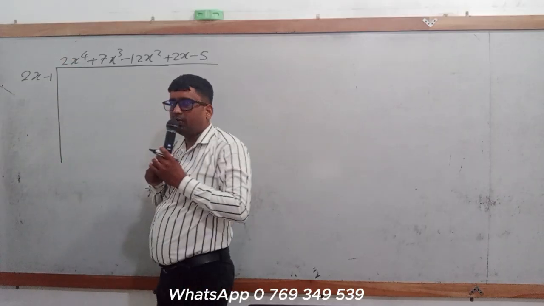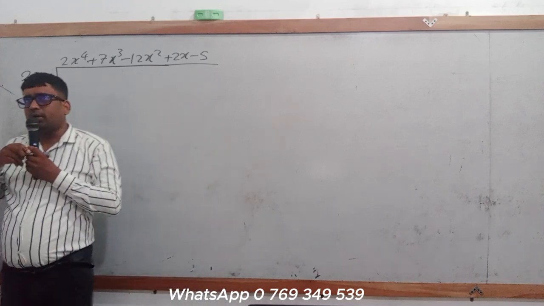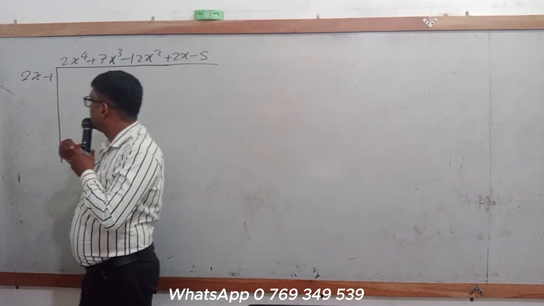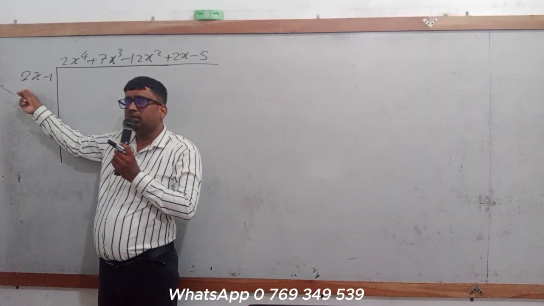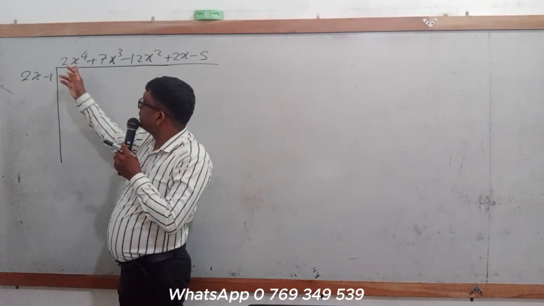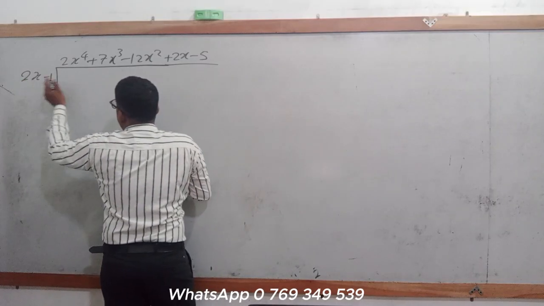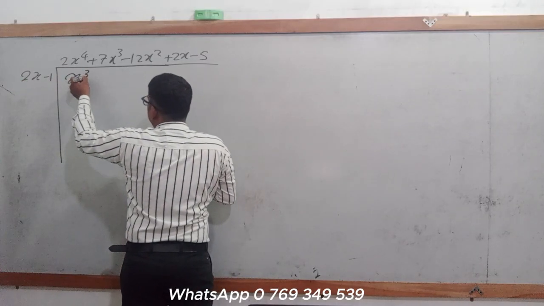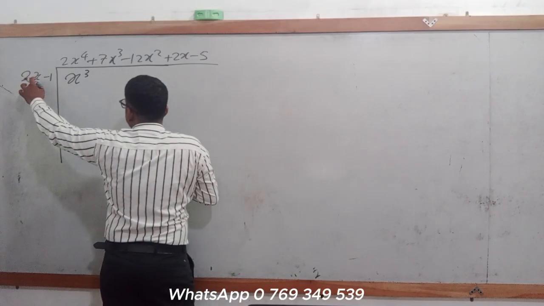Long division is very simple, no? Right? How to divide? This one divided by this one, right? This one divided by this one. 2x^4 divided by 2x is x cube. We have multiplied this one.